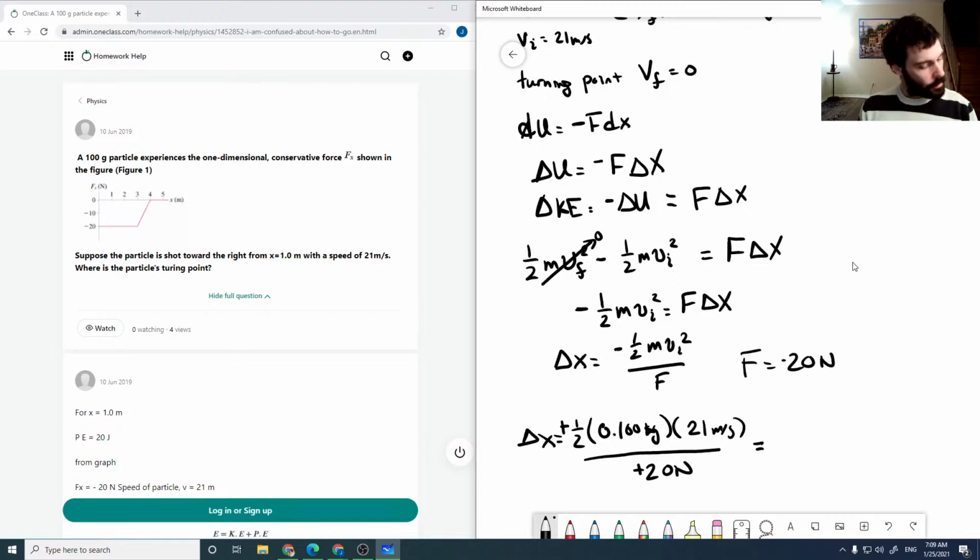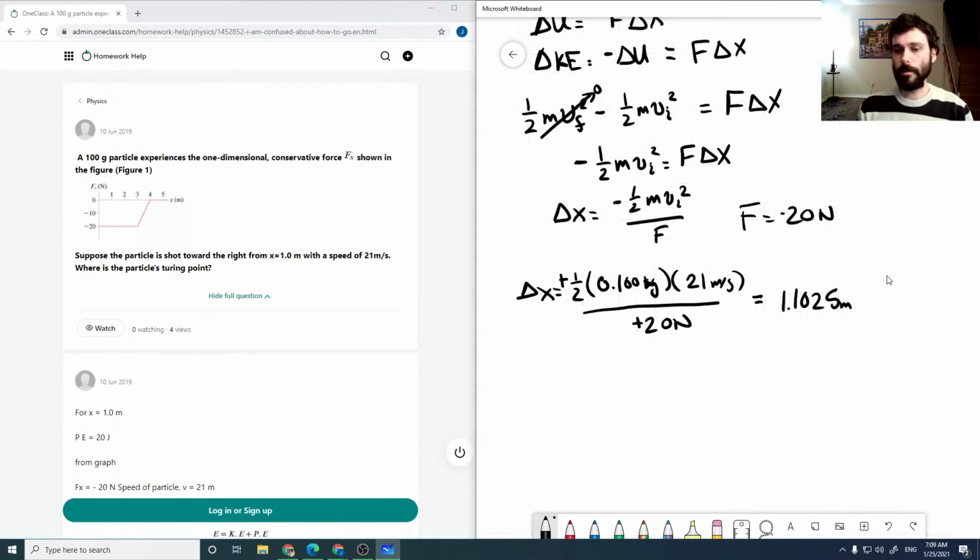So then doing this out on our calculator, we get 1.1025 meters. And so that's our delta x. So xf minus xi, which is xf minus 1.0 meter, because that's our starting point, is equal to this 1.1025.